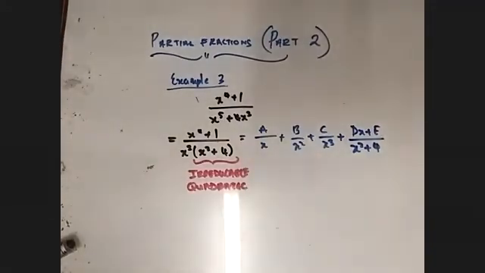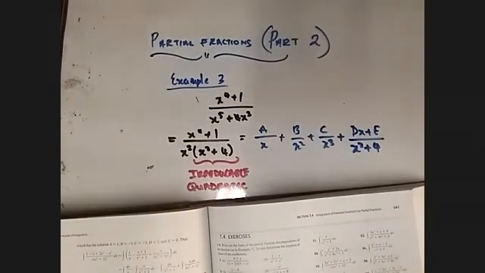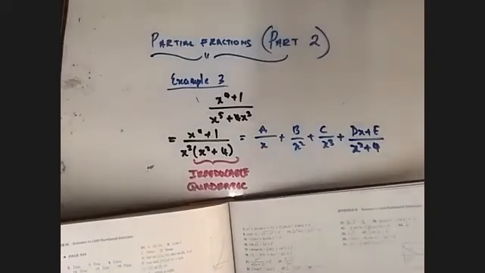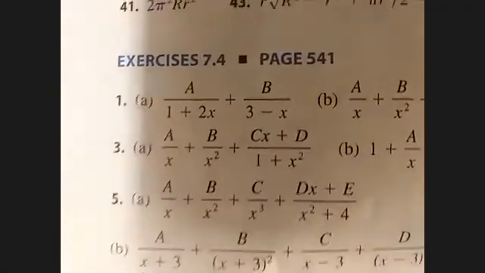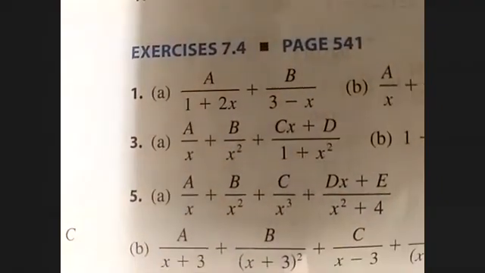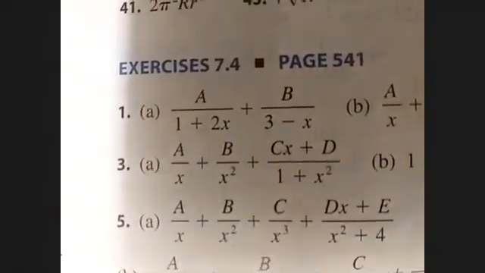And then we can check it, because number 5 has got a solution. So let us check if this thing is true or not, just to build our confidence. There it is. Our solution is true. It says a over x plus b over x squared plus c over x cubed plus dx plus e all over x squared plus 4.